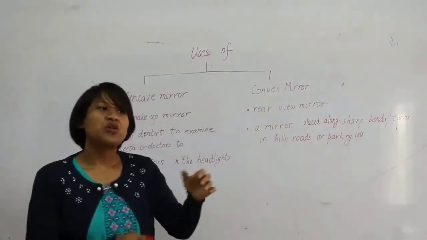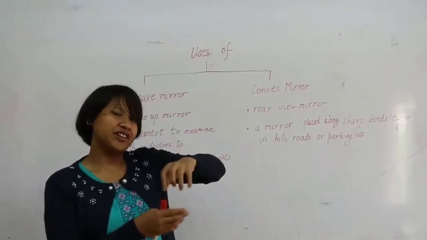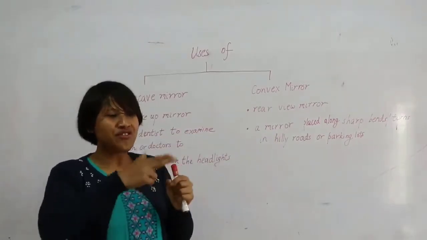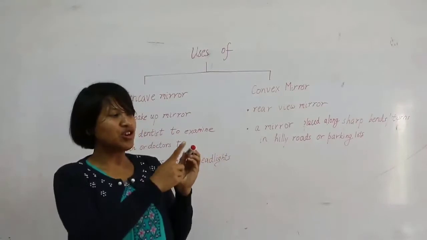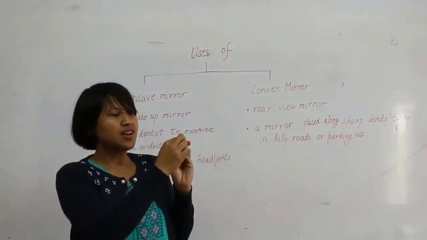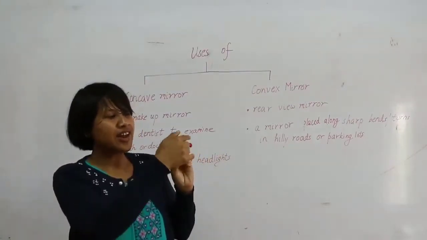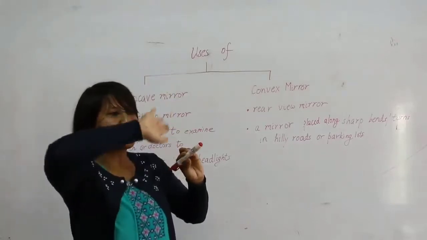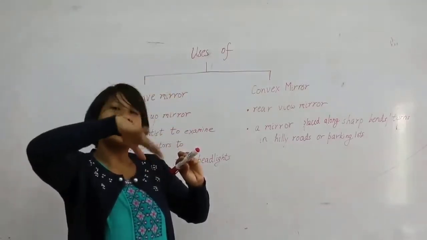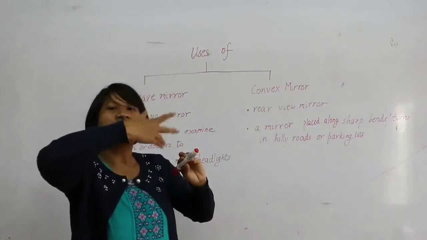Now in torches, suppose this is a torch. There's a headlight there, and you will find that the portion is concave. Why did they make that part concave?